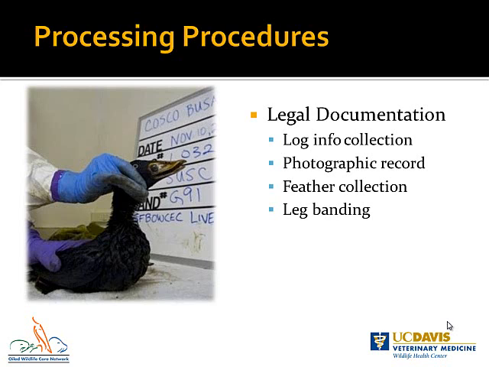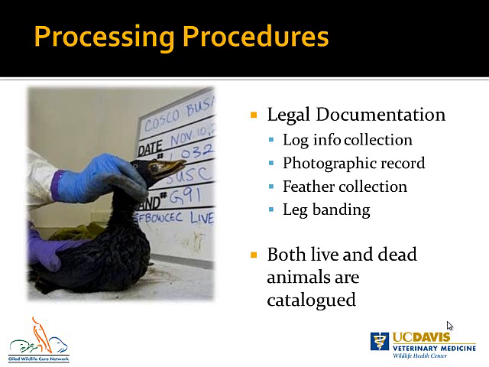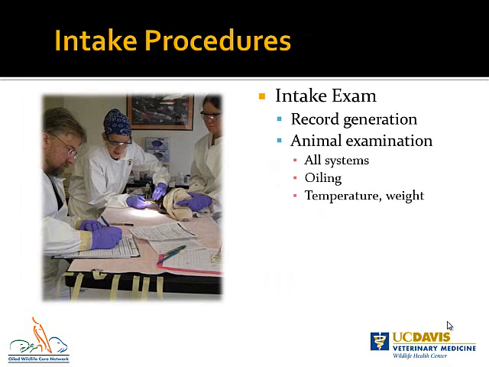That feather sample, if needed, can go to the petroleum chemistry lab for identifying that particular product to a spill. And the animal is given a light band at the time so it can be followed through the procedure. Both live and dead animals are cataloged. Intake is the process of basically starting the medical record of that animal.